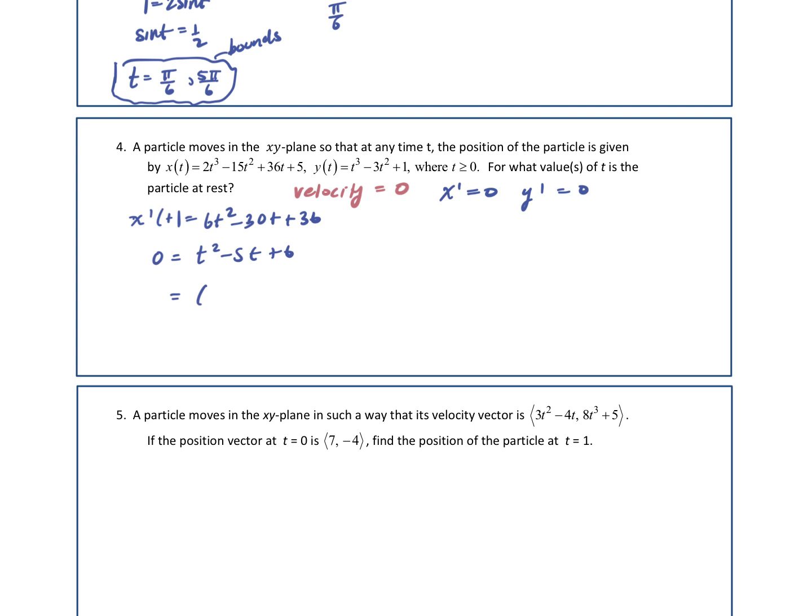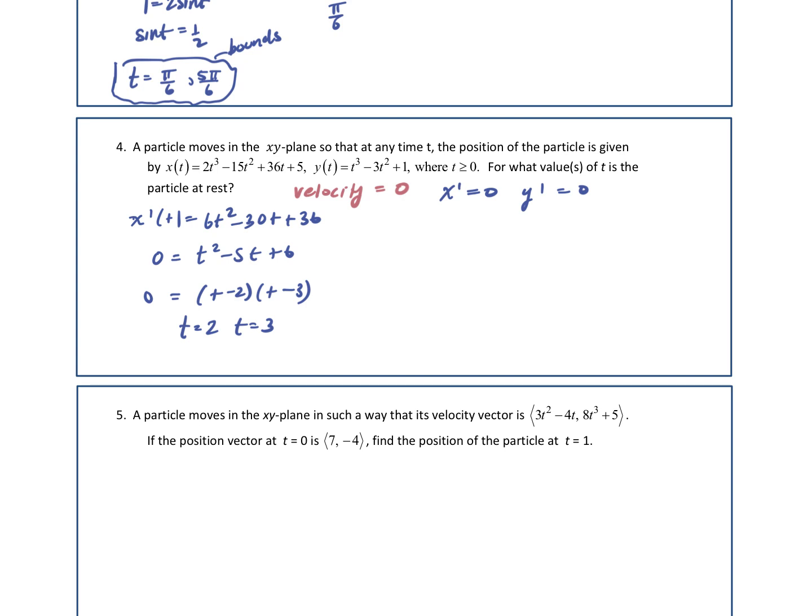We're going to get t minus 2, t minus 3, so t equals 2 and t equals 3, okay? So that means the particle stops in the x direction, so left or right, at 2 separate times, at 2 and at 3, okay?